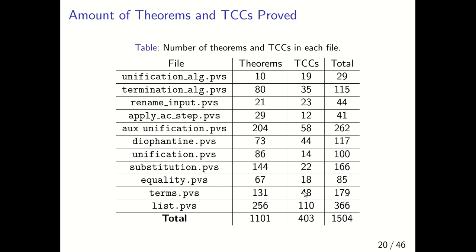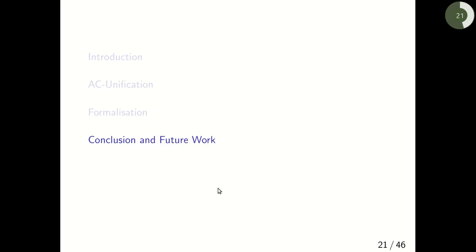So this part here was really easy. Maybe those here were a bit hard, like 10 here were a bit hard, but most of them were really easy. And the theorems I had to prove, a lot of them was manual work.